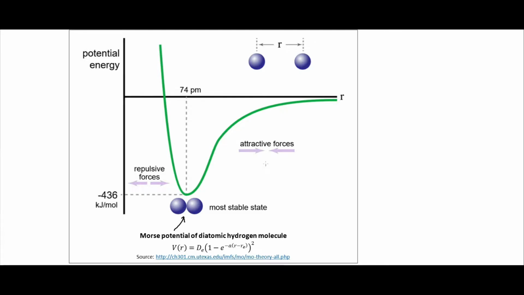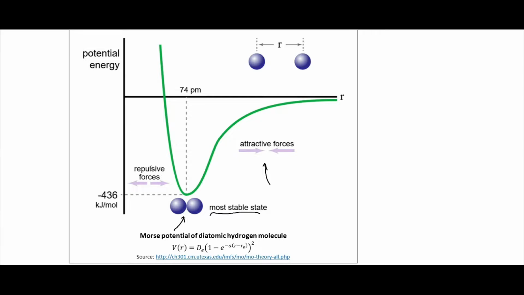Out here we have these attractive forces pulling them together. So there is an increase in energy because you're trying to pull apart things that are attracting each other. And so you're going to feel a resistance against that as they want to go down to the most stable state here.